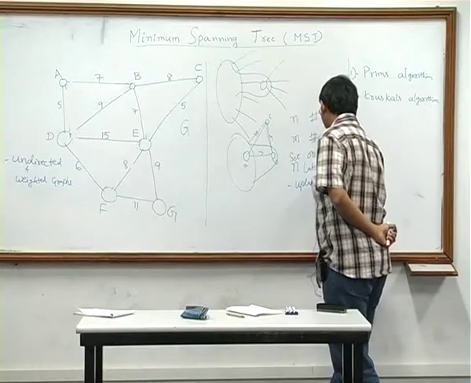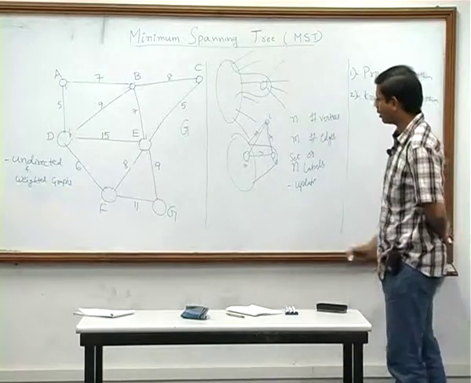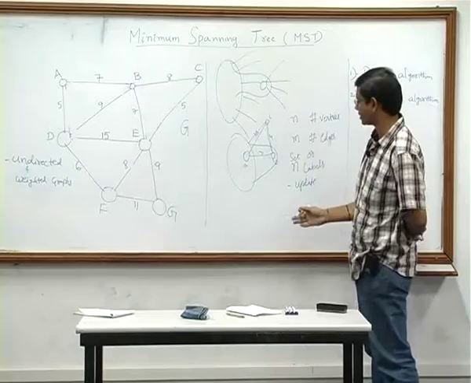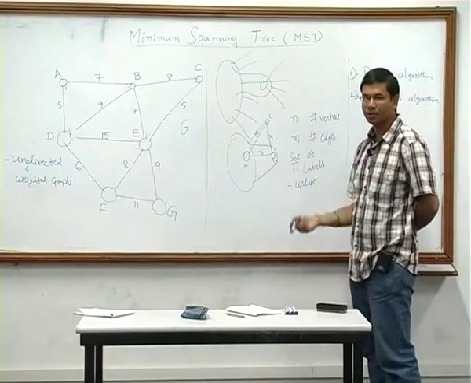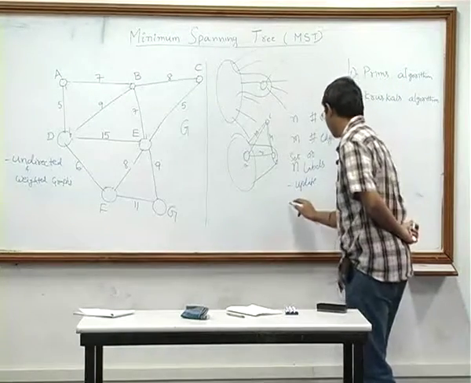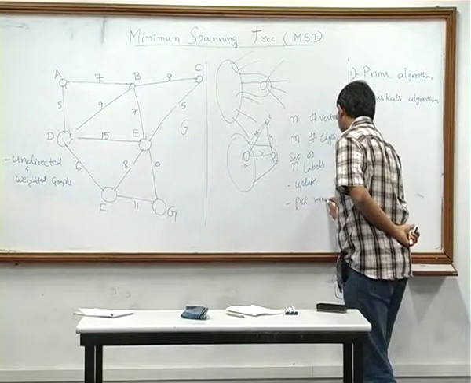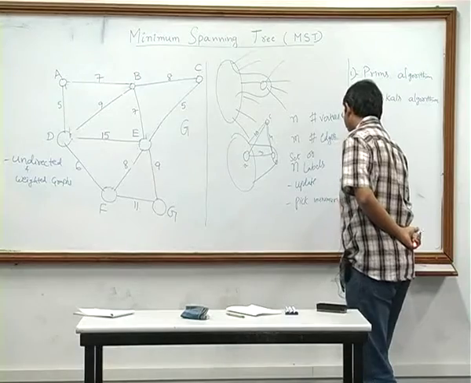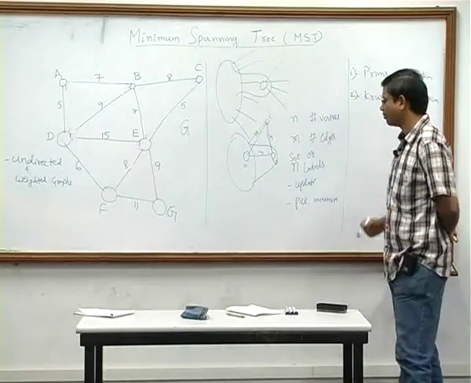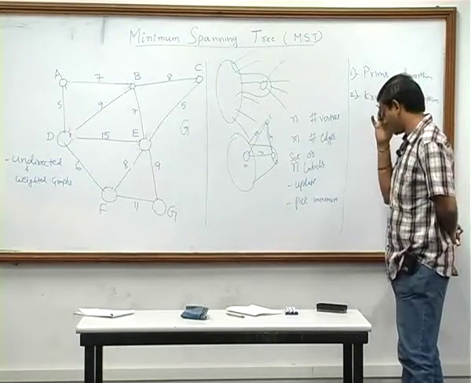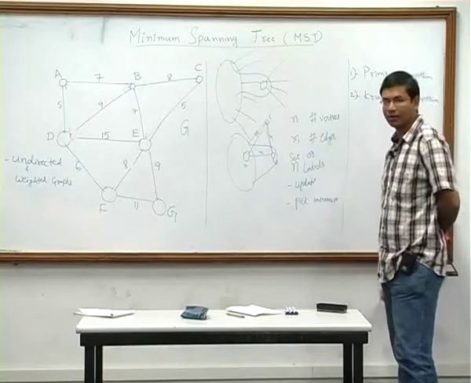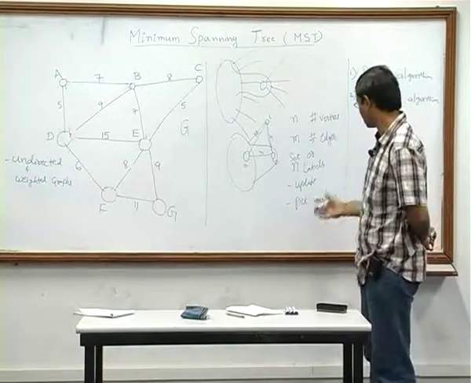So we want to update the label, and out of all the labels present for the unselected vertices, we need to pick the minimum one at each step. So finally we are looking for a data structure where we may update the keys, and also pick the minimum.